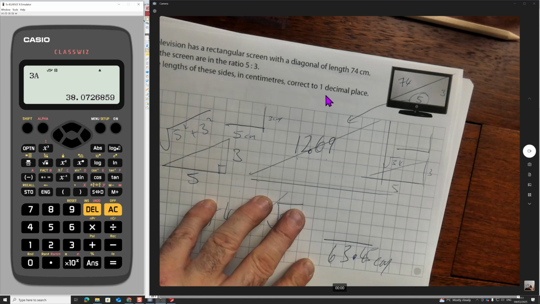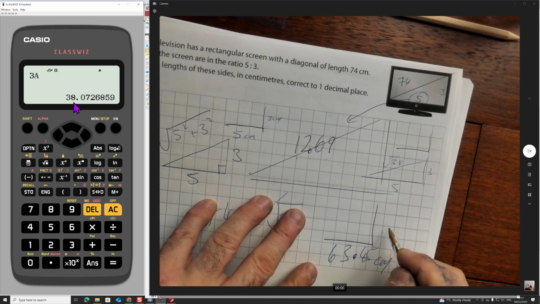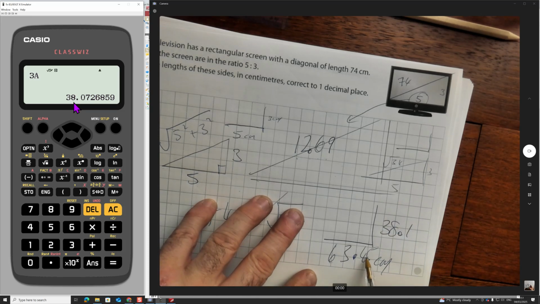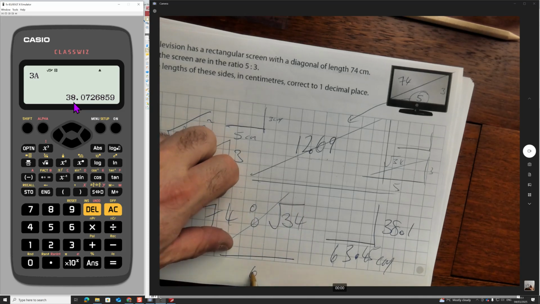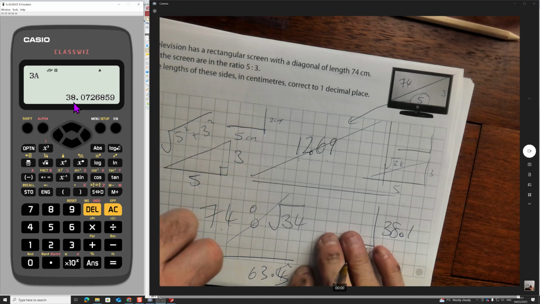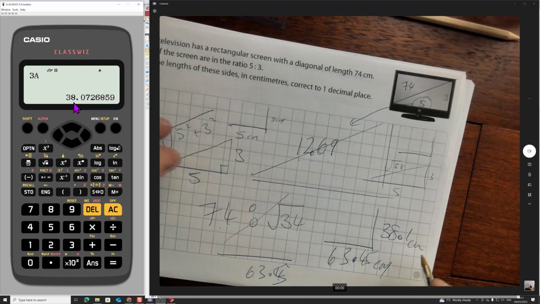Now how many decimal places? 1 decimal place is, and notice, I wrote enough down there so I don't have to go back. 38.1 tall and 63.5 wide. Okay, and they'll have centimeters.